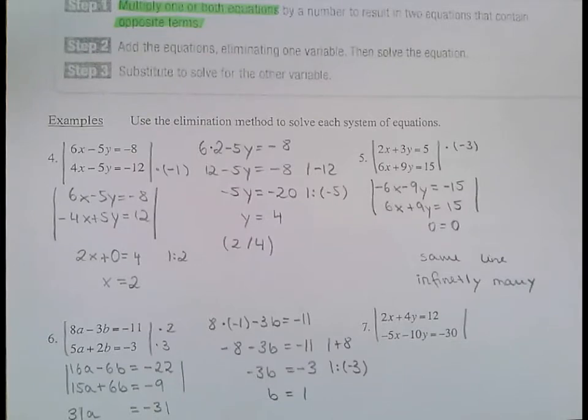So I saw some different things, and this is between my last hour and then this class as well. So when you get 0 equals 0, everything completely canceled out. The answer is not 0. The answer is not the ordered pair 0, 0. Those were a couple things I saw. The answer is not the infinity symbol. Remember, I've talked about that a few times now. You have to write infinitely many.